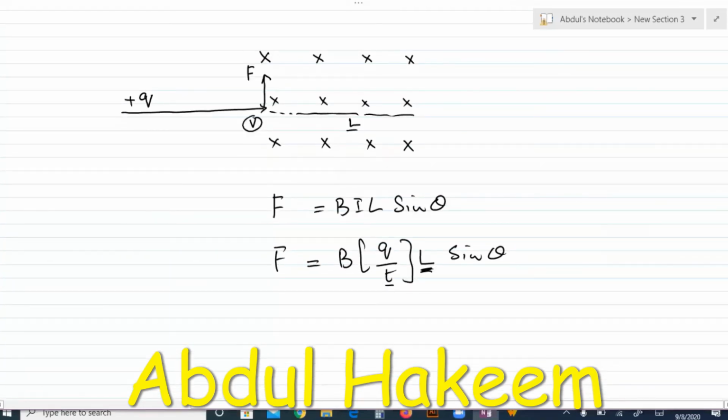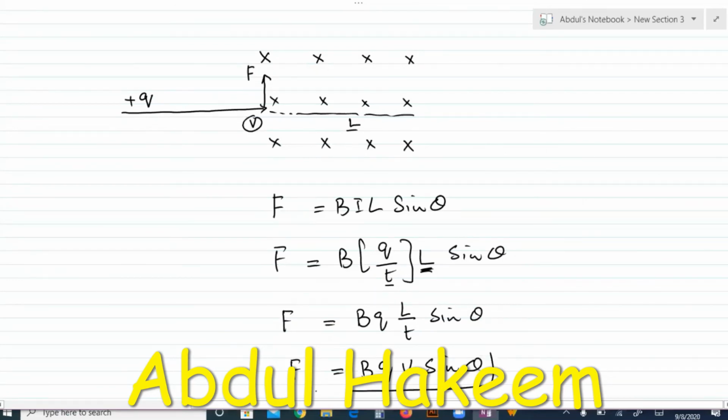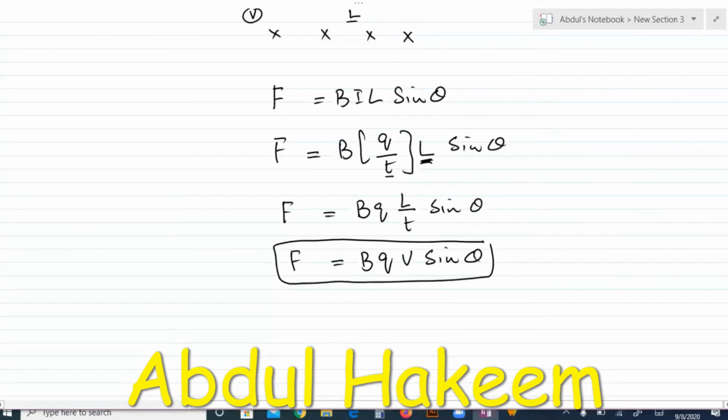So F is equal to BQL divided by T sine theta, which can be written as BQV sine theta. So this is the form of the formula when a charged particle enters the magnetic field.